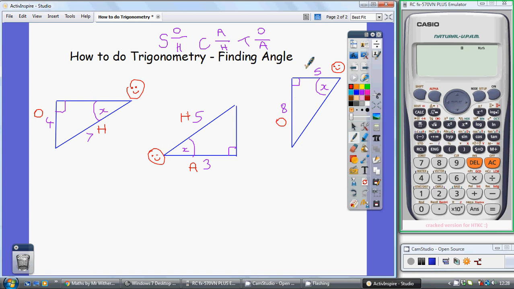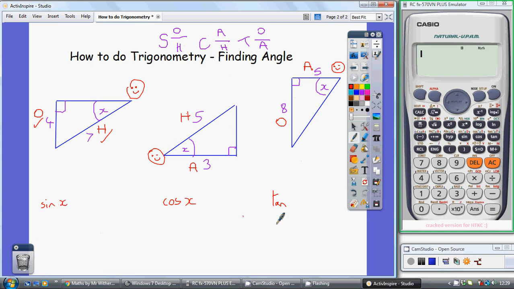So here we've ticked O and H, which means we use sin. With this one we've ticked A and H, so we're going to use cosine. And with this one we've ticked O and A, so we're going to use tan. Following the choice of ratio always comes the angle. Obviously in these cases we don't know the angle, so that's our unknown x, and that equals something.